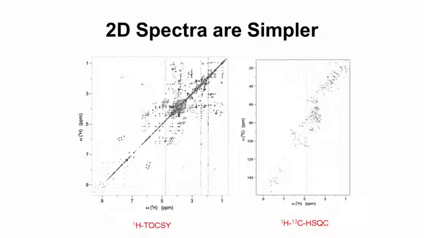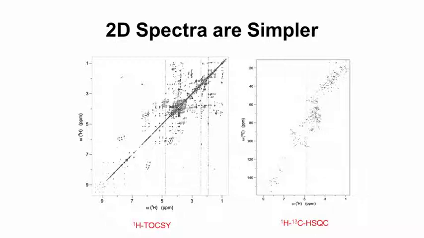And 2D, whether it's a TOCSY or an HSQC, helps also to resolve non-obvious couplings, or in some cases reduce the couplings, in the case of HSQC. With an HSQC, you don't see all these multiplets. You just see basically a single peak, which is a lot easier to interpret.